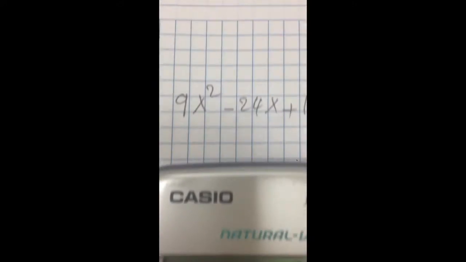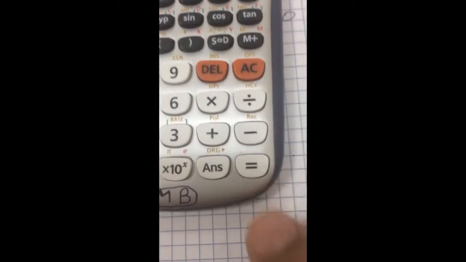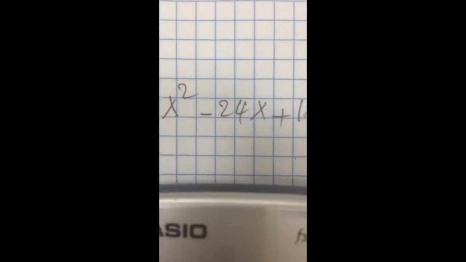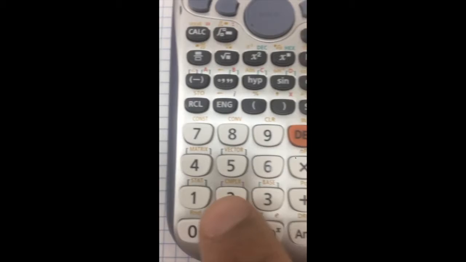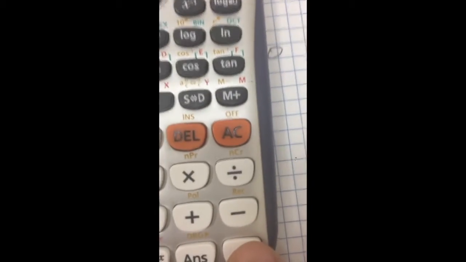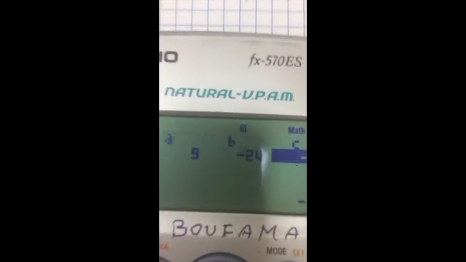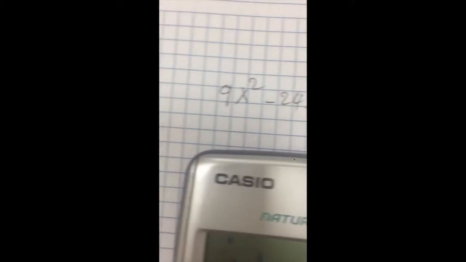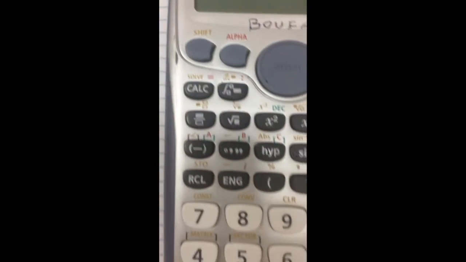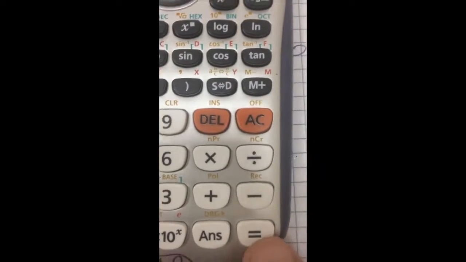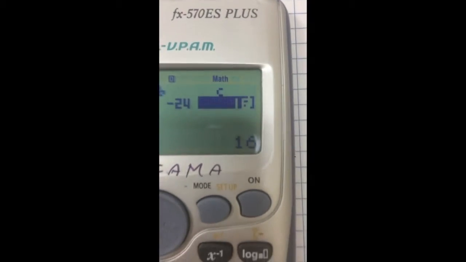So a is in this example 9, coefficient of x squared, equals, to move to b, then we enter b, minus 24, so negative 2, 4, equals, to move to c, value of c in the example is 16, 1, 6, equals, here we entered all the coefficients.